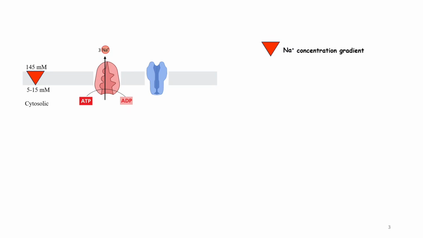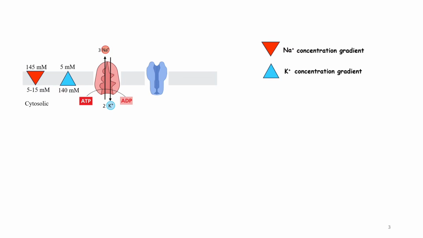Simultaneously, this sodium potassium pump imports 2 potassium, and that also generates the potassium concentration gradient. Now here, in case of potassium, the outside concentration of potassium is low and inside is high because potassium is coming inside of the neuron.